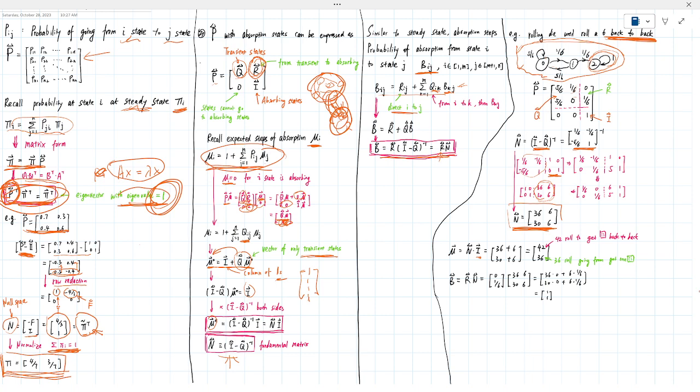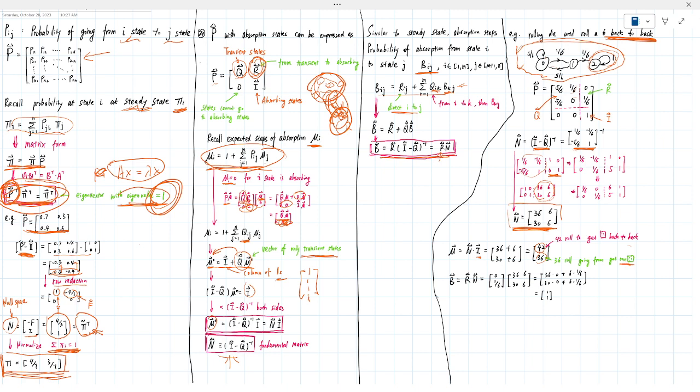So you just add 36 plus 6, 42, and 30 plus 6, 36. This means it takes 42 rolls to go from the beginning to 6 back to back, and it will take 36 rolls from when you already got one 6.